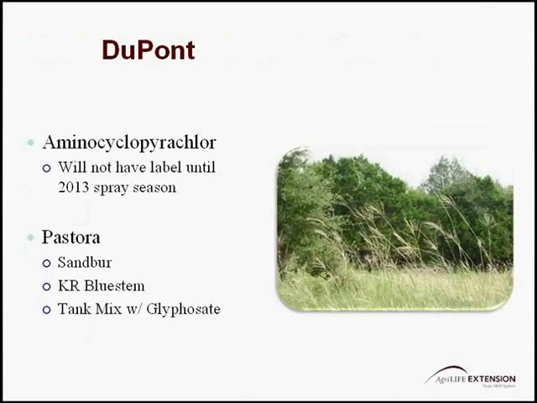It's not going to necessarily kill the King Ranch bluestem, but if you apply it at the rate of 1 ounce to 1.5 ounces per acre, and then you come back like 6 weeks later and apply it again at 1 ounce per acre, it will knock it back. So it may be good for a situation where you're trying to get something else to grow in that spot. Otherwise, bluestem's tough to get rid of, so it's probably just going to come right back.